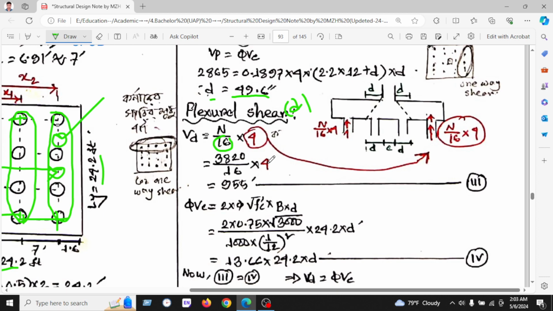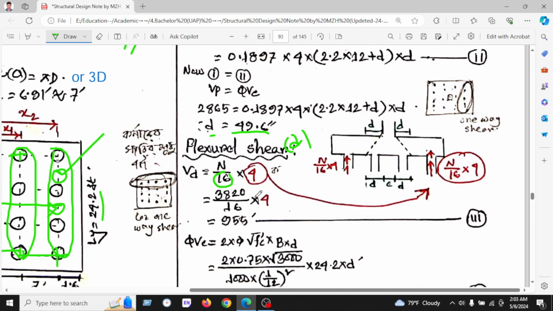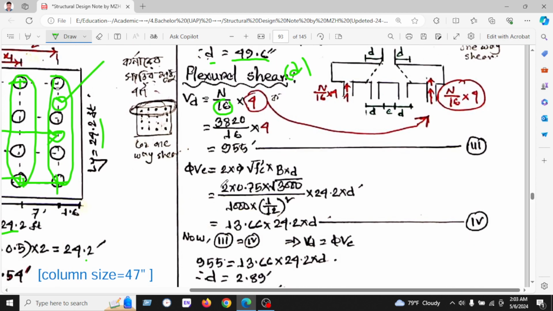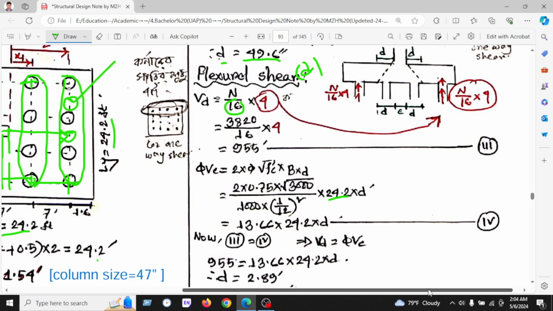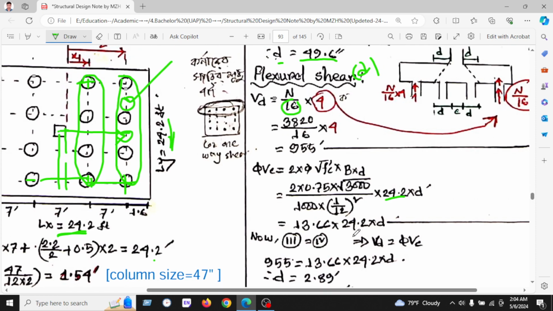Okay, and found 995. In the same way, we know the flexural shear capacity 2 into 5 root over f times BD. B is Lx or Ly. Here we have already known B, the length of the pile cap, 24 into 2 or 24 into 2.